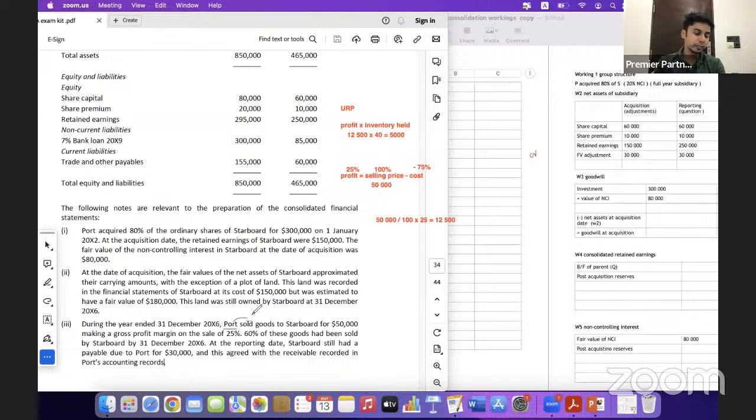So guys, remember, if the parent sells to the subsidiary, number one, inventory will become credit.